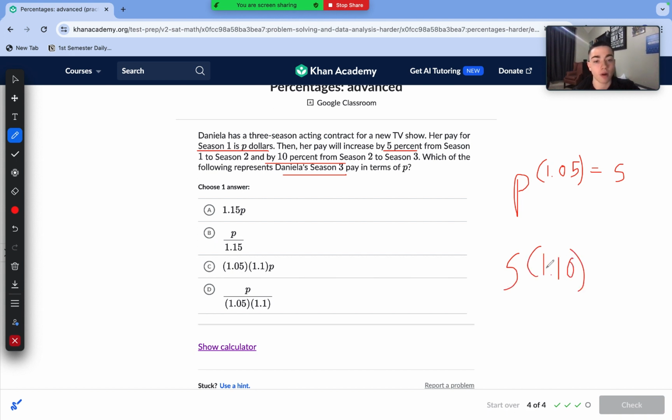So S times 1.10 is her season 3 pay. Of course, we need to substitute in our expression for S. So it looks like P times 1.05 times 1.10 equals our season 3 pay. And that matches answer choice C. That is the correct answer here.